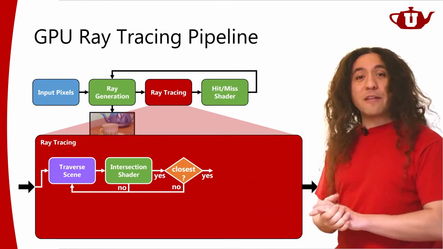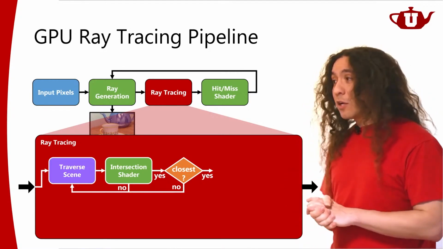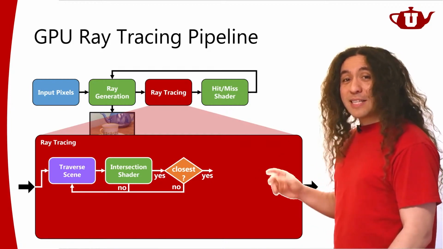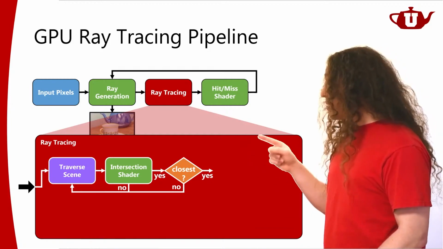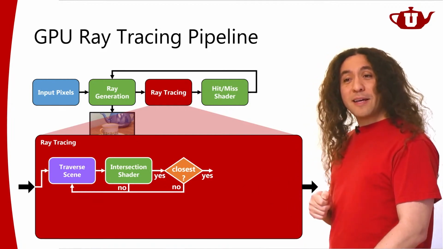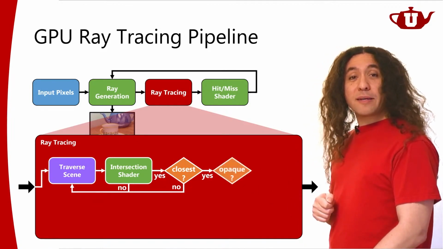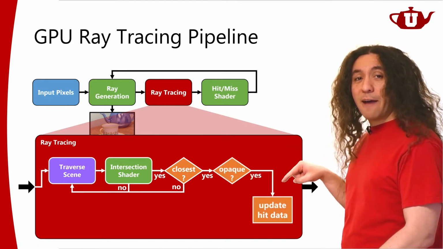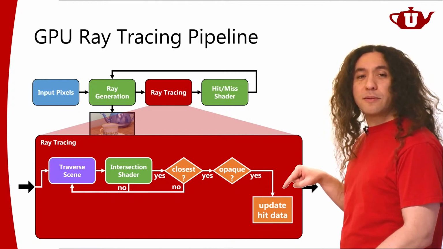But remember, one of the advantages of ray tracing is that we could handle transparency really well. So let's see if this object that was hit with the ray is opaque. If it's opaque, then it's fine. Then I can say, okay, I found my hit point.